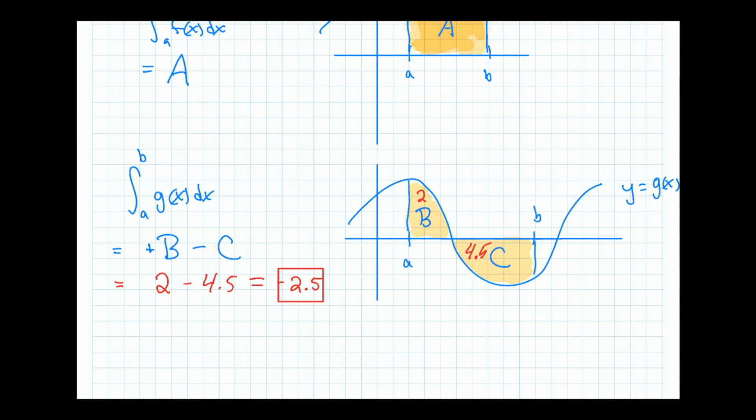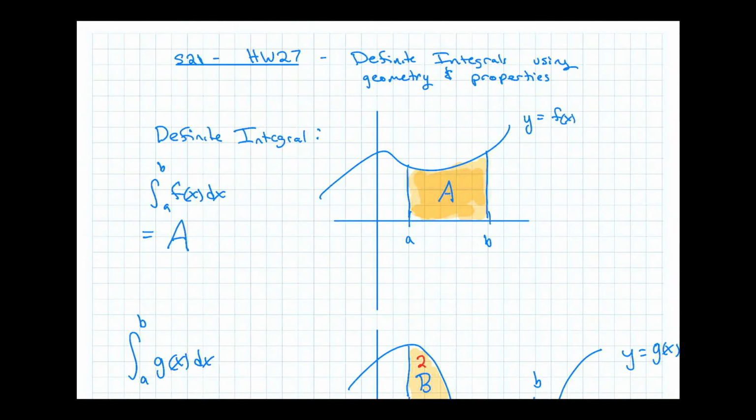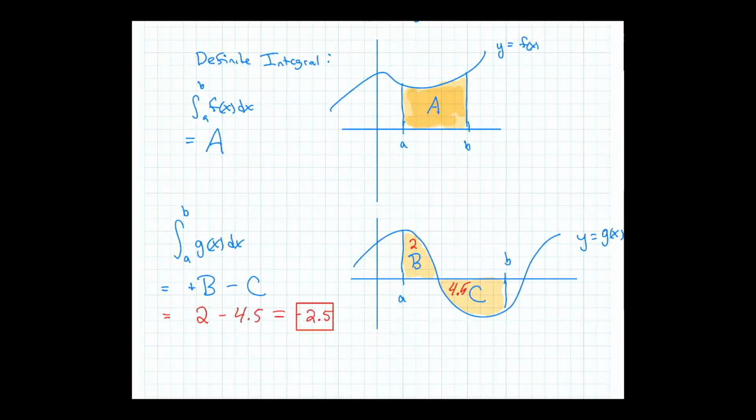So the first part of this homework assignment is dealing with definite integrals in this way, just as areas that you're going to know from the graph. So it's just the area.